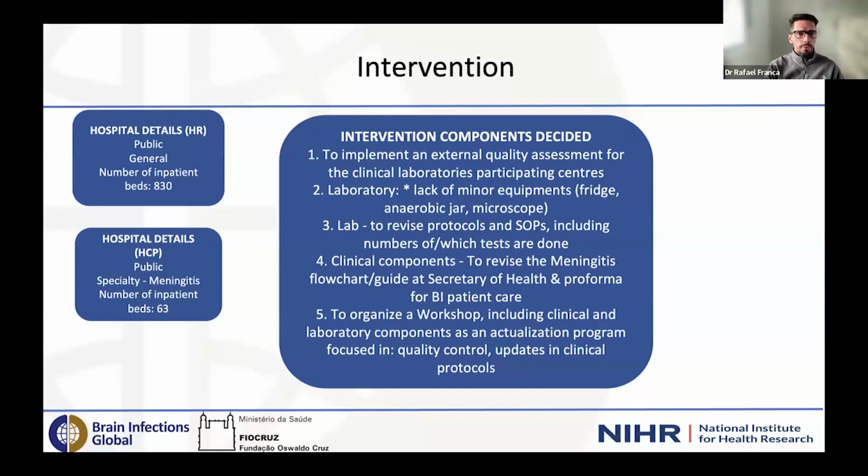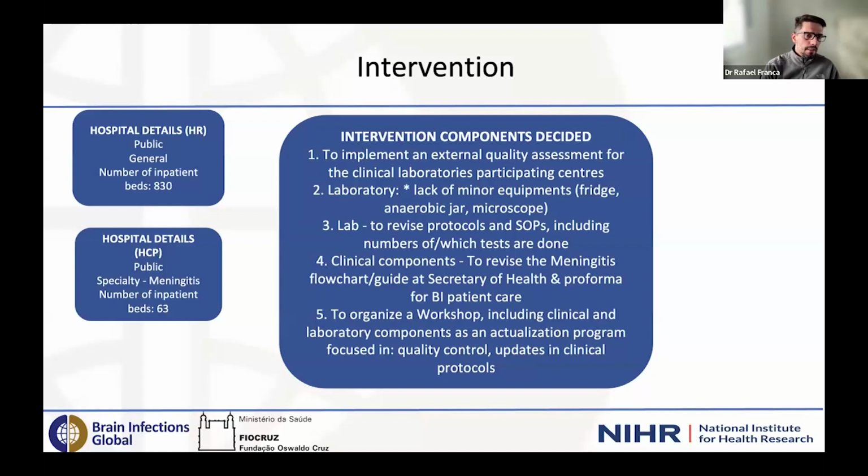Based on this, we proposed what was called an intervention plan. These are the demographics of these 2 hospitals: the first one a large hospital with 830 beds, and the second one much smaller. We proposed components for the intervention based on major key points.